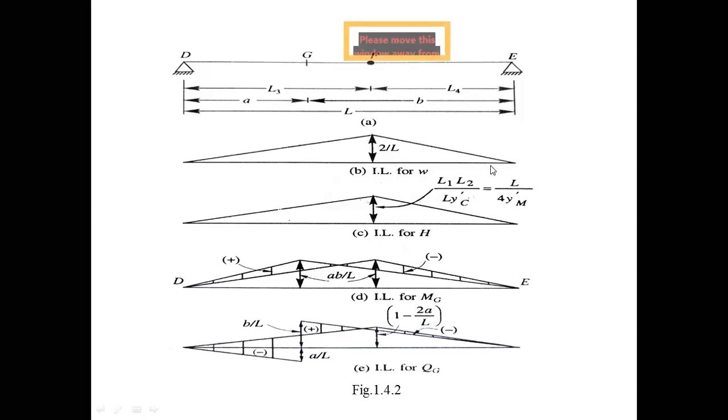I will explain influence lines for W, then you go to that figure. Again, I will explain how to draw the influence line for horizontal reaction, then you go for figure C. Don't draw all figures at once.